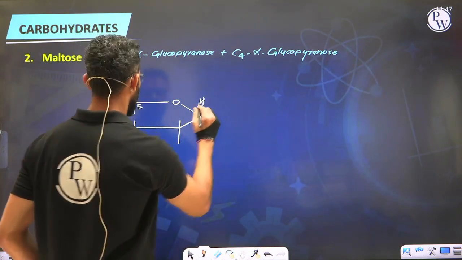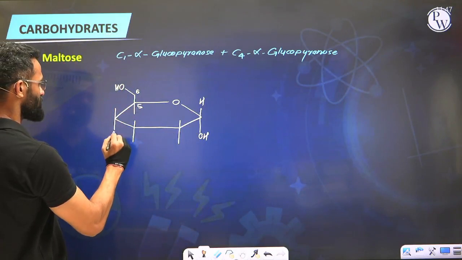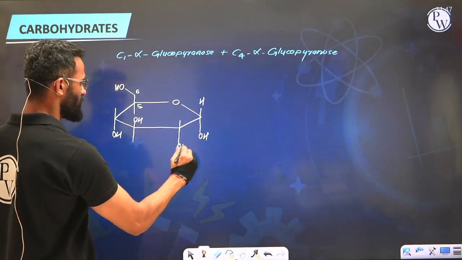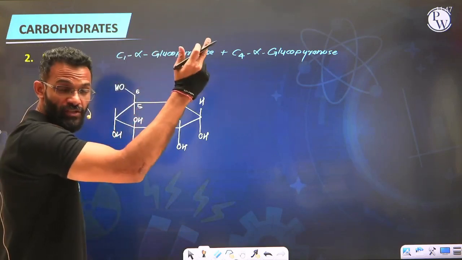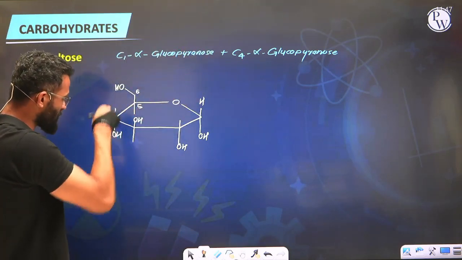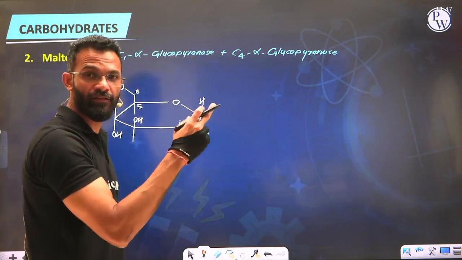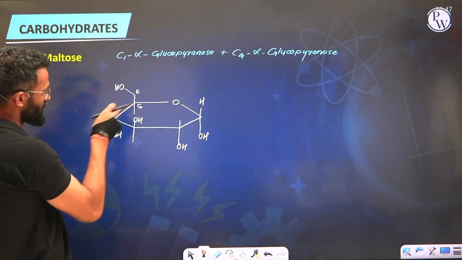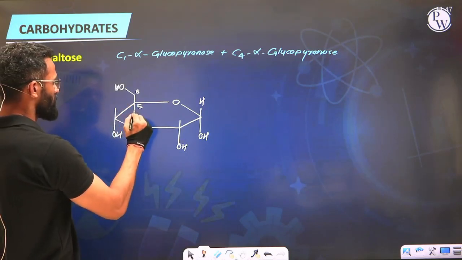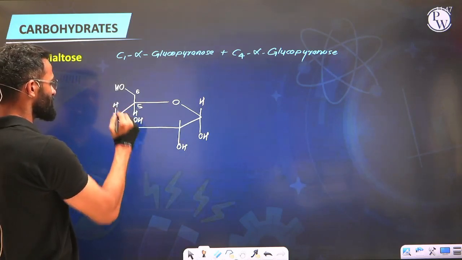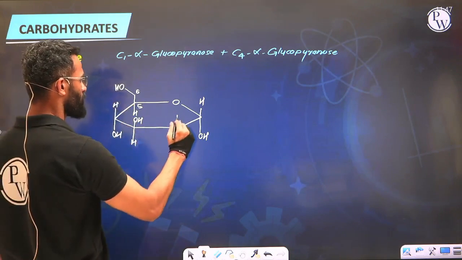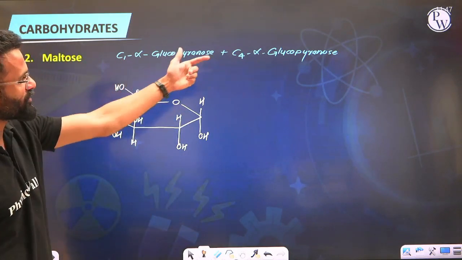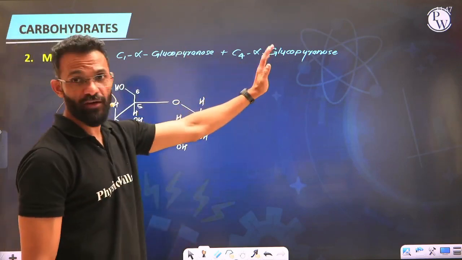This is H, rest: right, right, left and right. The moment I say right, it means in the Haworth projection it has to be put downward, and the left in the Fischer projection should point upward. So that's what I'm making sure. Right, right, right, left, right. But for the fifth, we never represent, so remaining valencies are just hydrogen. So see how quickly we got the structure of alpha glucopyranose. Now we have again alpha glucopyranose, same structure.